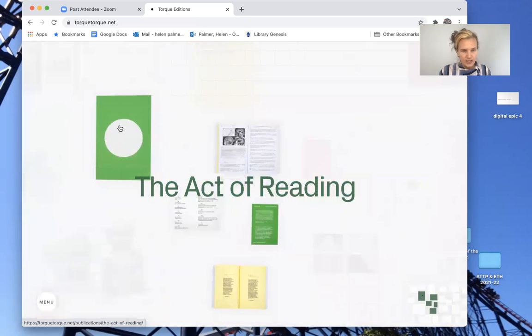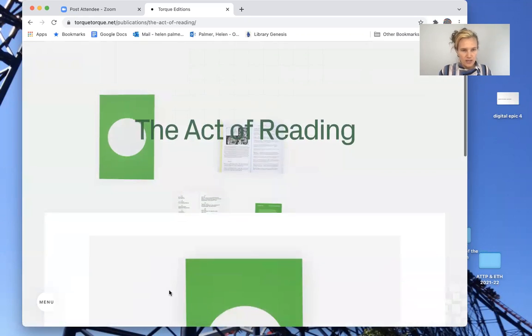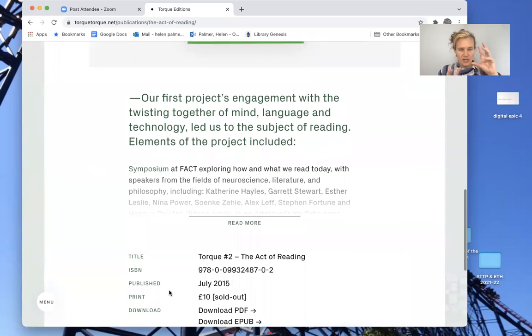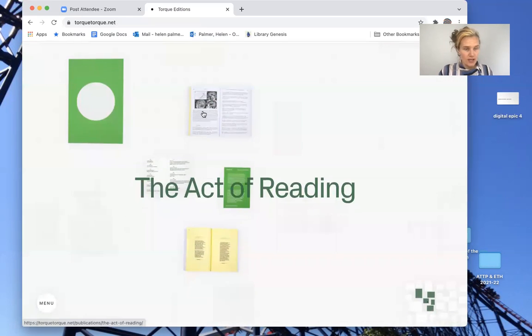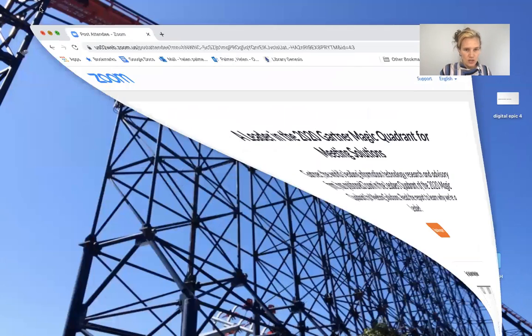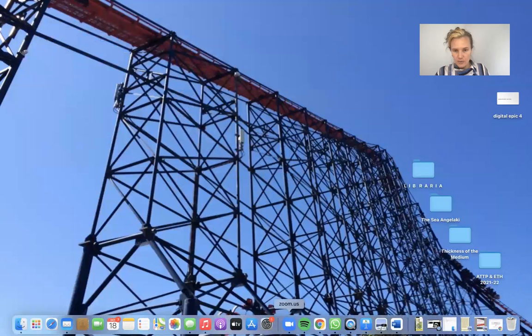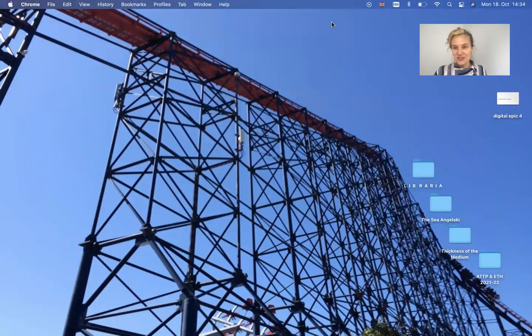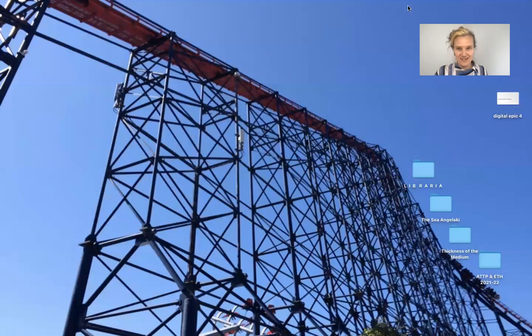There's lots of nice documentation of what they've worked with. They work with philosophers, writers, artists, and yeah. So I will leave you to look at that yourselves, and maybe now would be a good time for us to have a little discussion about some of these things.